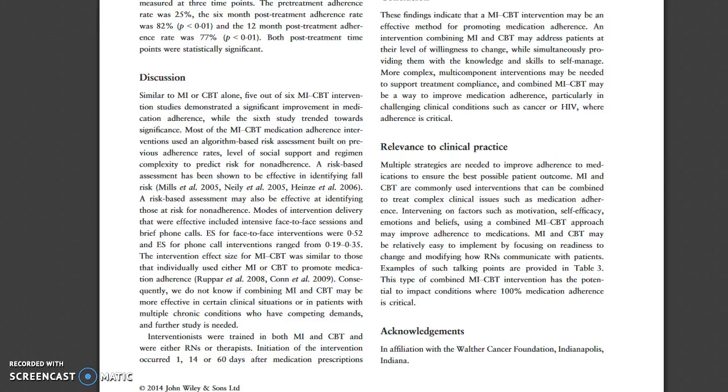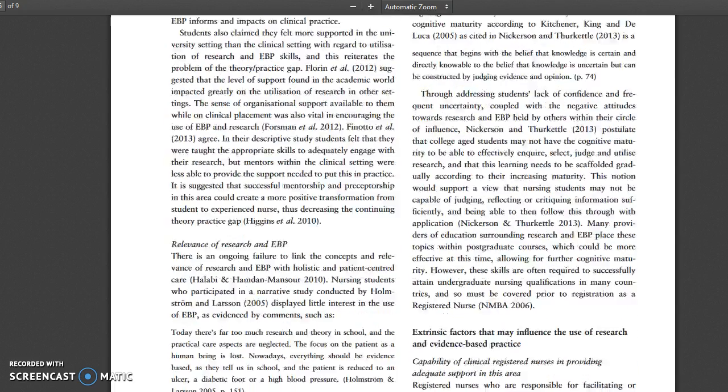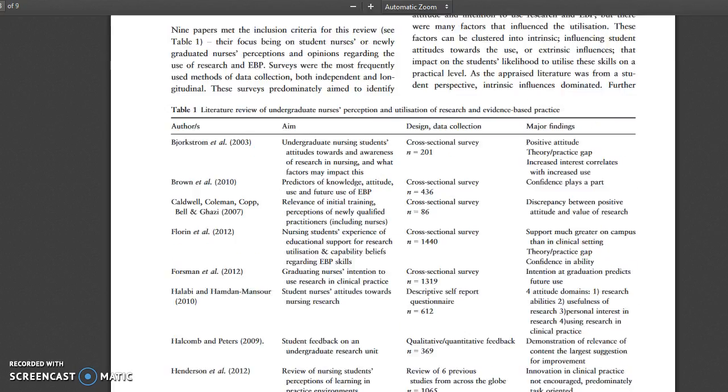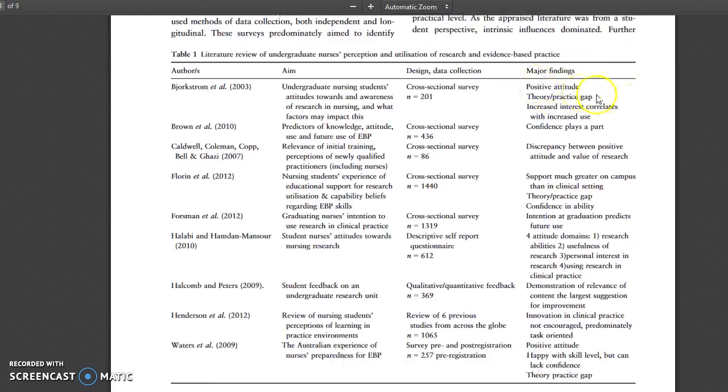You might say positive attitude and theory practice gap, but change the name and define it so you can fit findings like this into your particular theme. You're going to be discussing their themes in the context of how you group them together.